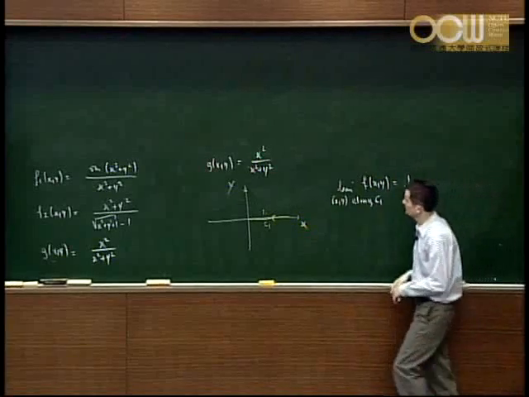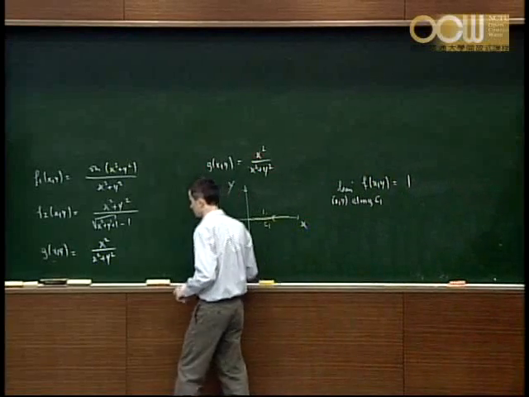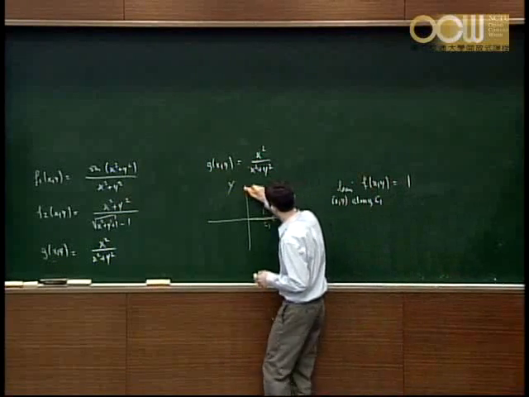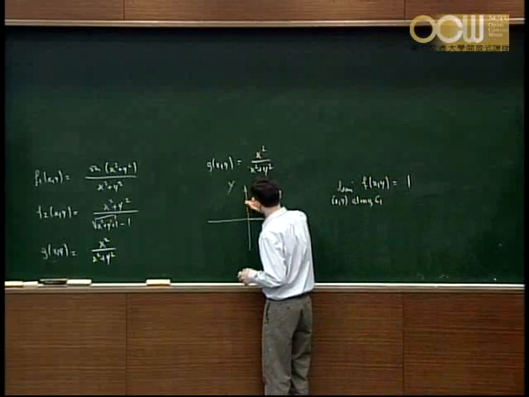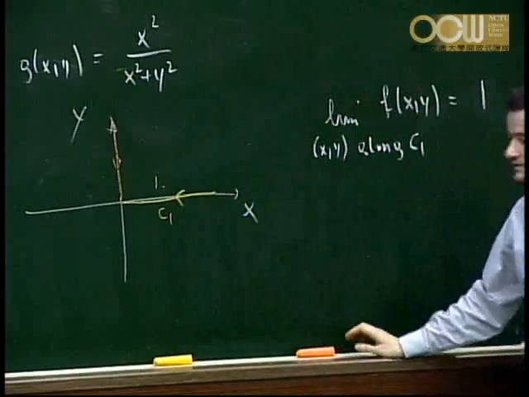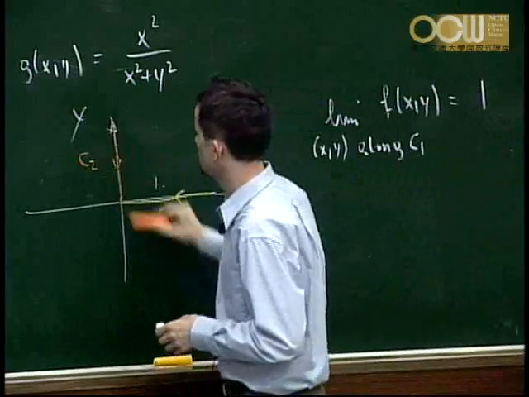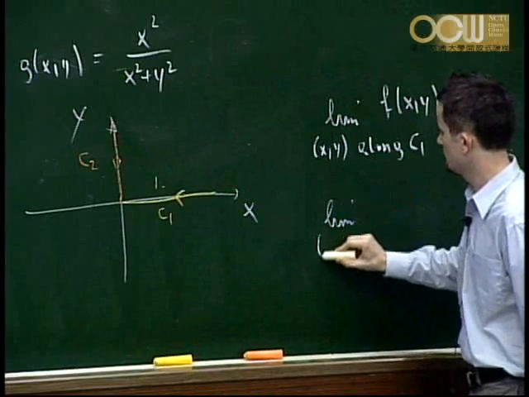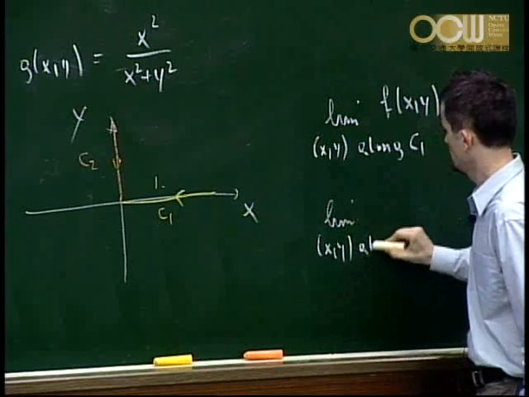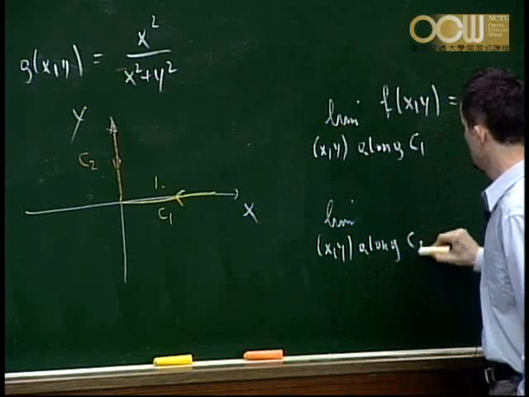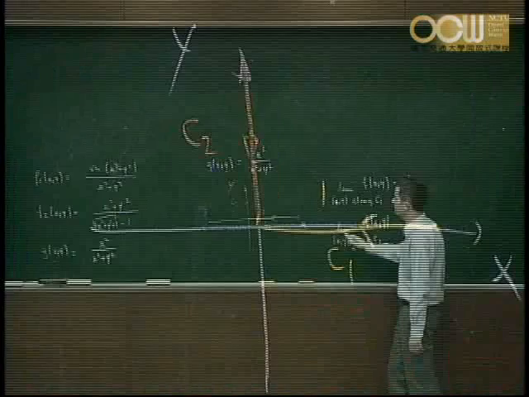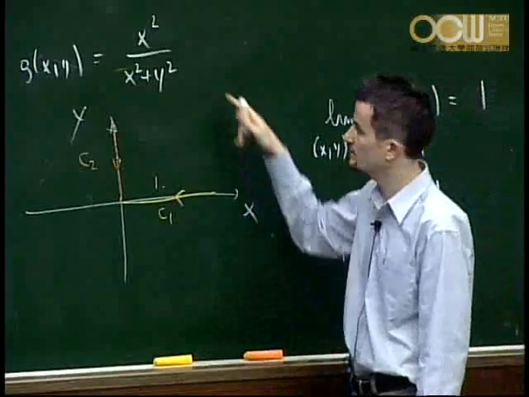But if you use this direction of approach, which is C2, you see that the limit as (x,y) goes to 0 along C2 of f(x,y)... you have to plug in x equal to 0, so everything will be 0.